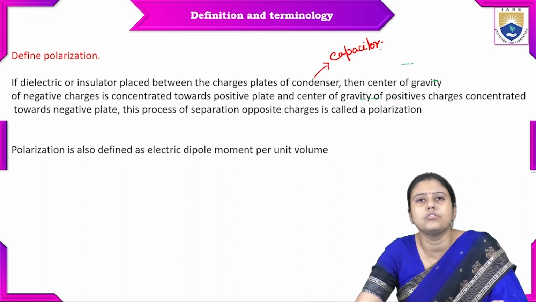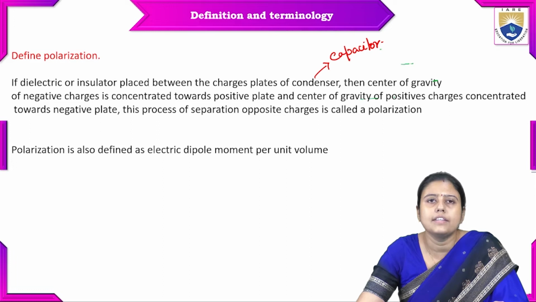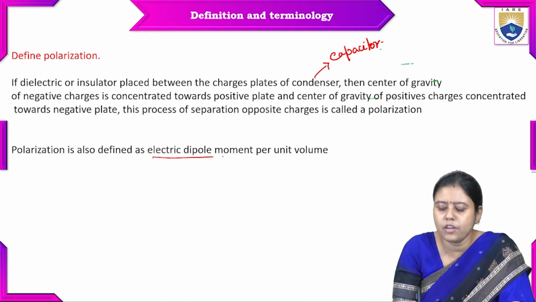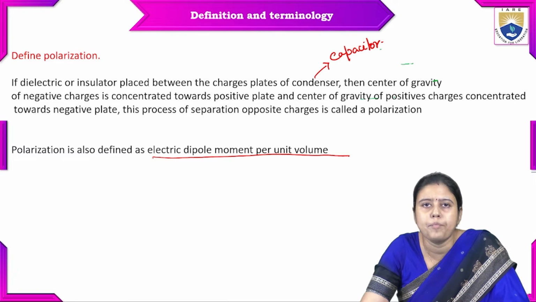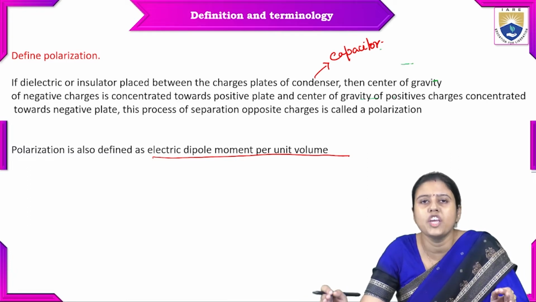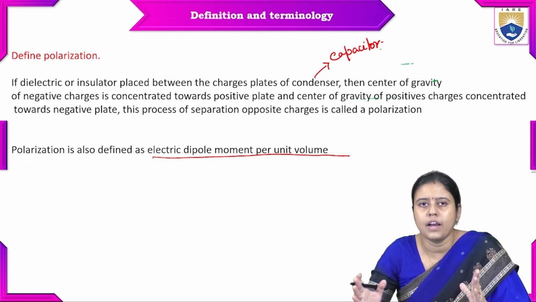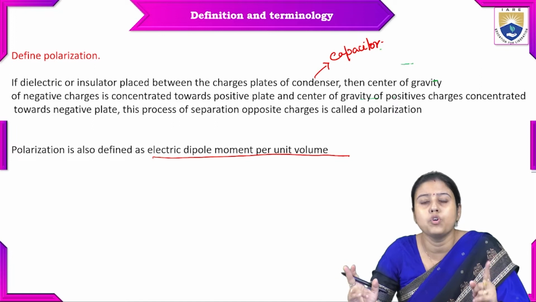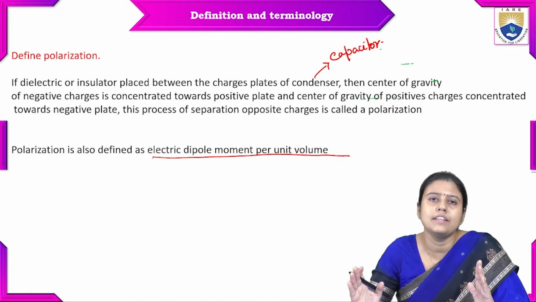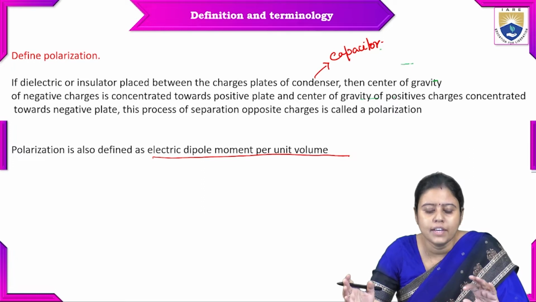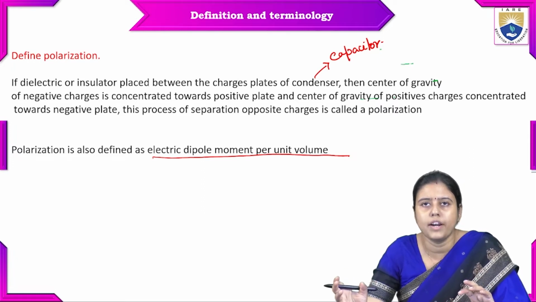Polarization can also be defined as the electric dipole per unit volume. So already we know what is electric dipole. If two equal charges of opposite signs are d centimeter or d unit apart, there will be some polarization.